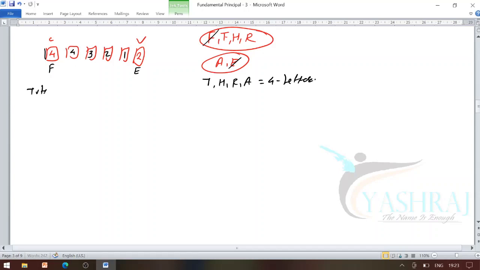So as per the multiplication principle, the total number of different 6-letter words that can be formed by using the letters in the word father that start with a consonant and end with a vowel is 4 into 4 into 3 into 2 into 1 into 2. So 4 4s are 16, 3 2s are 6, 6 2s are 12, and 16 into 12 becomes 192 ways. That means there are 192 different 6-letter words that can be formed by using the letters in the word father that start with a consonant and end with a vowel.